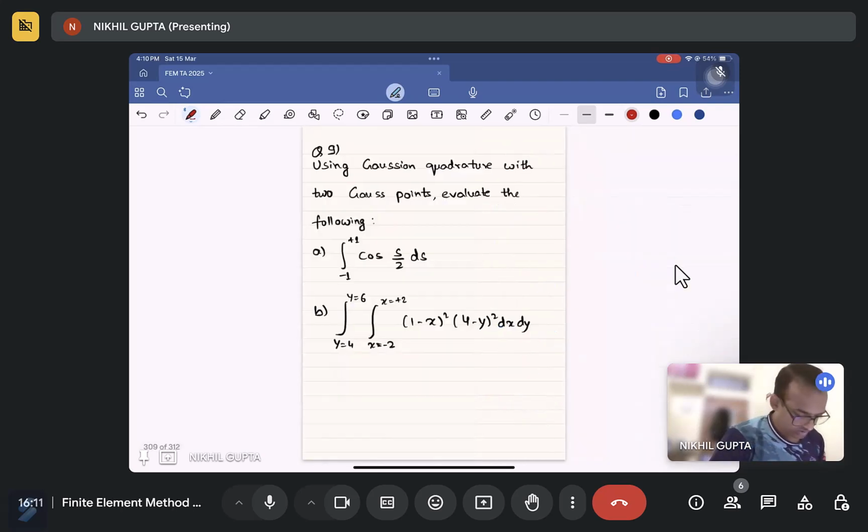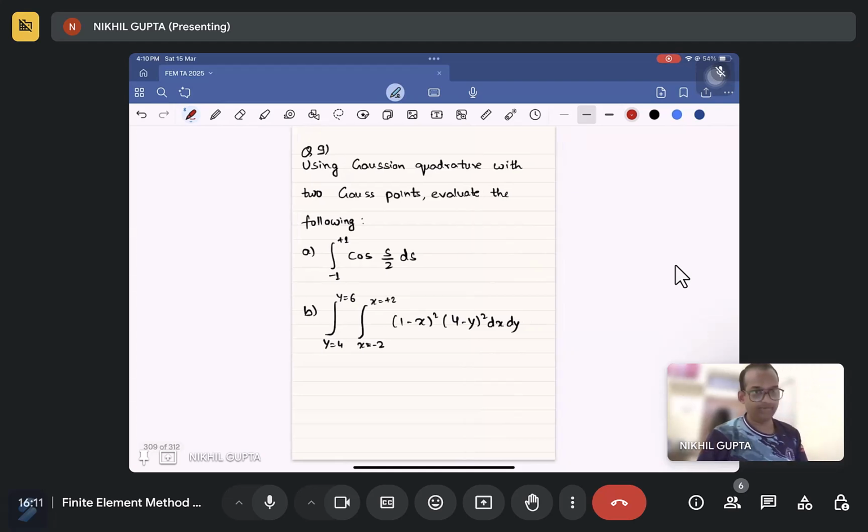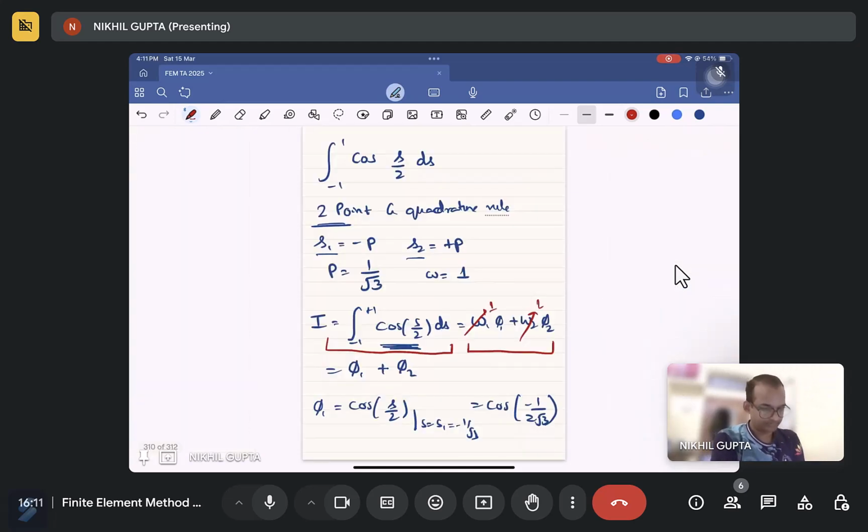I have one question. Yeah, tell me. For polynomials, we know that the exact integration is with the 2n minus 1 rule, right? To get the exact integration with Gauss points, that's the 2n minus 1 rule. Yes, correct.